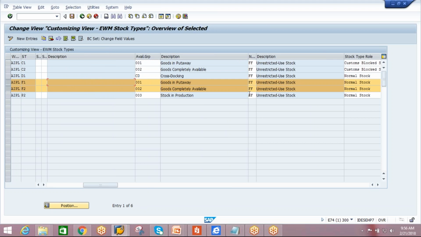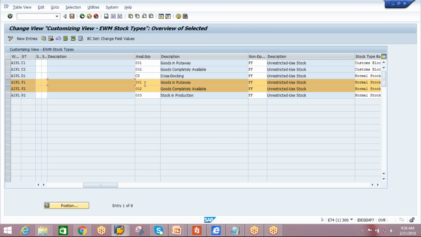This FF is differentiated into two types according to availability groups. In the middle, availability groups is there. On the right side, non-location dependent stock types, NST. Next one, F1 and F2. These are bifurcated according to availability groups.